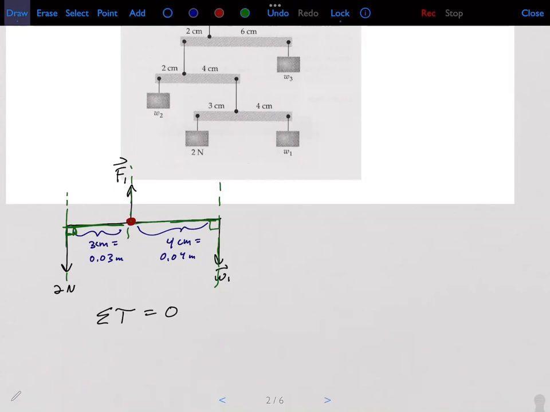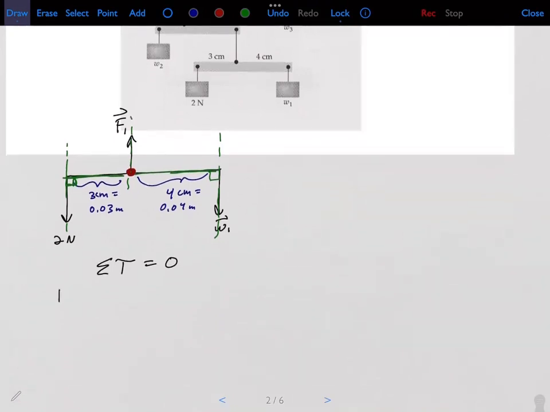So if I write this out, I have a torque due to the 2 newton weight plus a torque due to weight 1 plus a torque due to F1. That's got to equal 0, the sum of the torques equals 0. What's the torque due to the 2 newton weight? The force is 2 newtons, the moment arm is 0.03, and if that were the only force acting, it would cause us to rotate counterclockwise, so this is a positive torque.